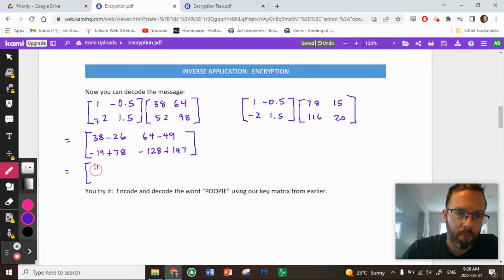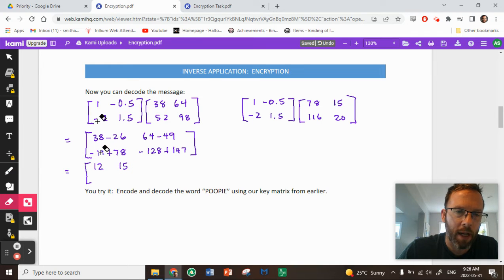And what do we get? 12, 15. This one doesn't look right. Yeah. -19, that should be -76. This one was fine, 15.